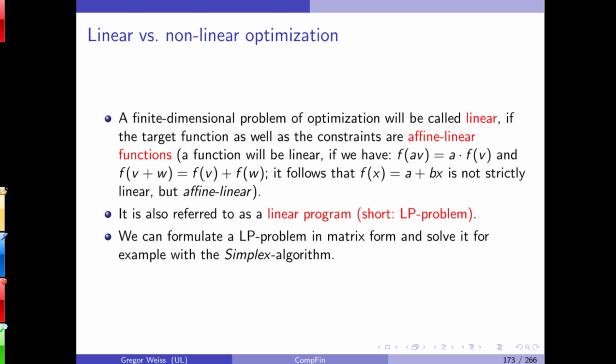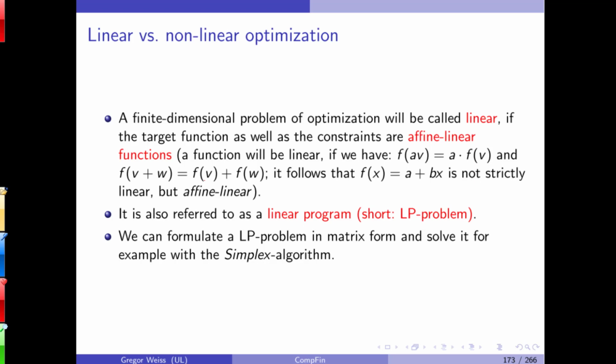Now, from this you can see that a function f of x equal to a plus b times x, something every economist would immediately consider to be a linear function, is not a linear function in this strict sense. Why? Because with this definition of linear functions from linear algebra, any function has to go through the 0.